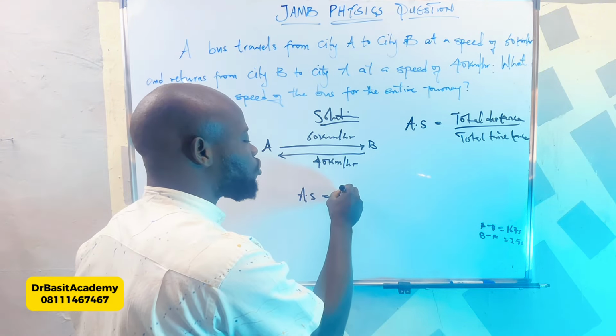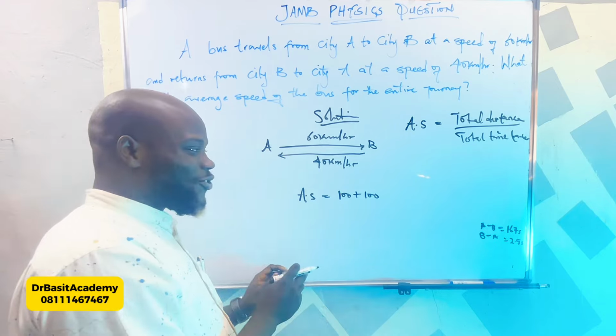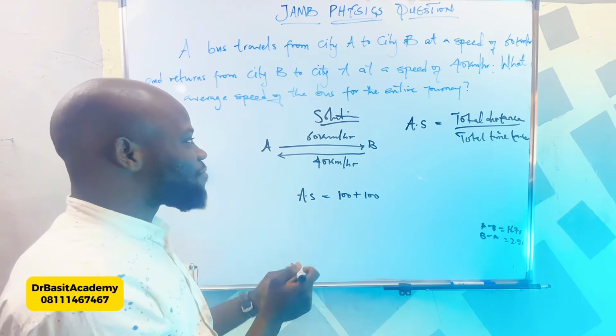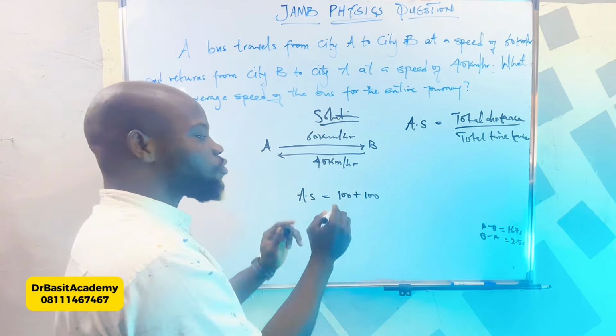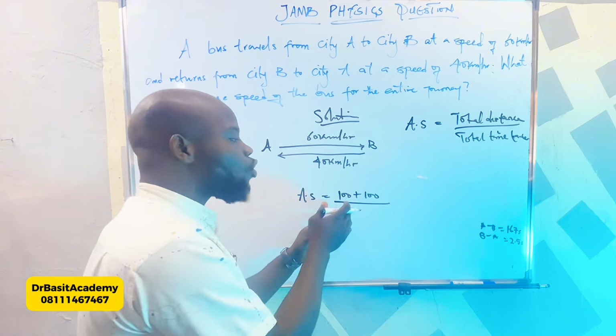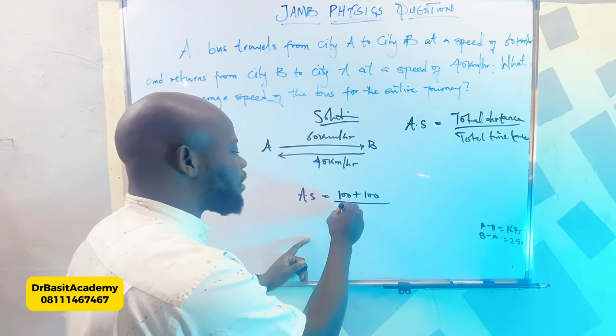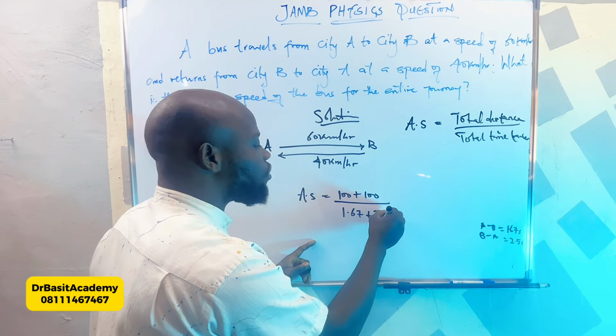So it's going to be 100 plus 100. Are you following? Yes, because from A to B is 100 and from B to A is also 100. That's the total distance. Now, all over the total time taken, that's 1.67 plus 2.5.